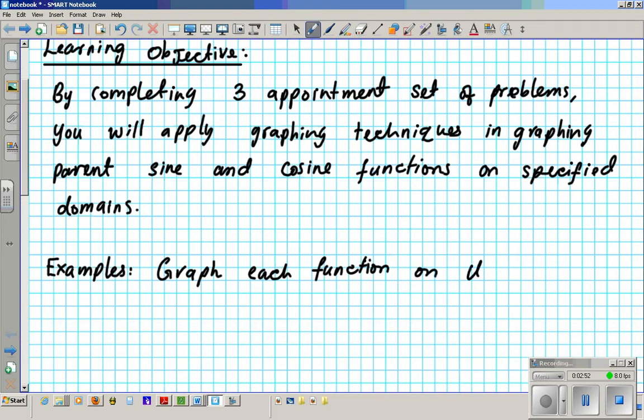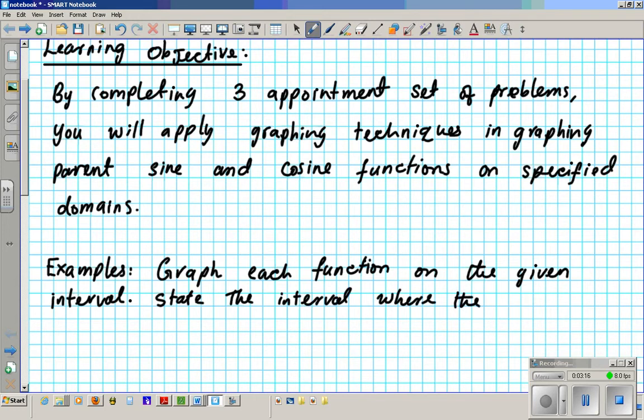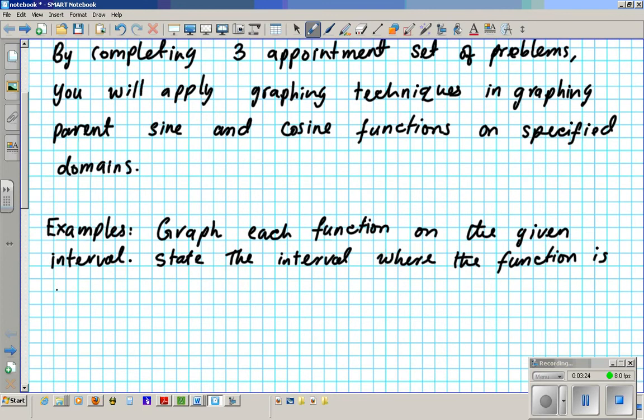On the given interval, state the interval where the function is increasing, decreasing.